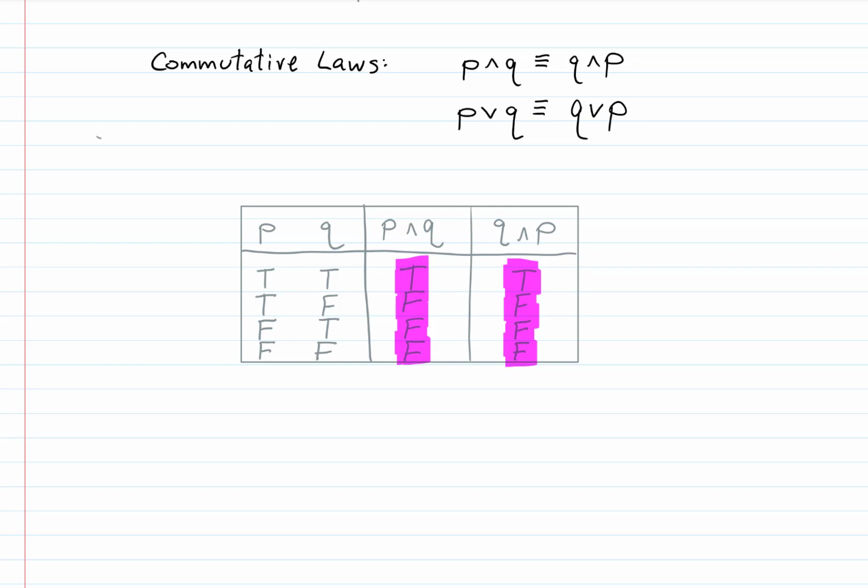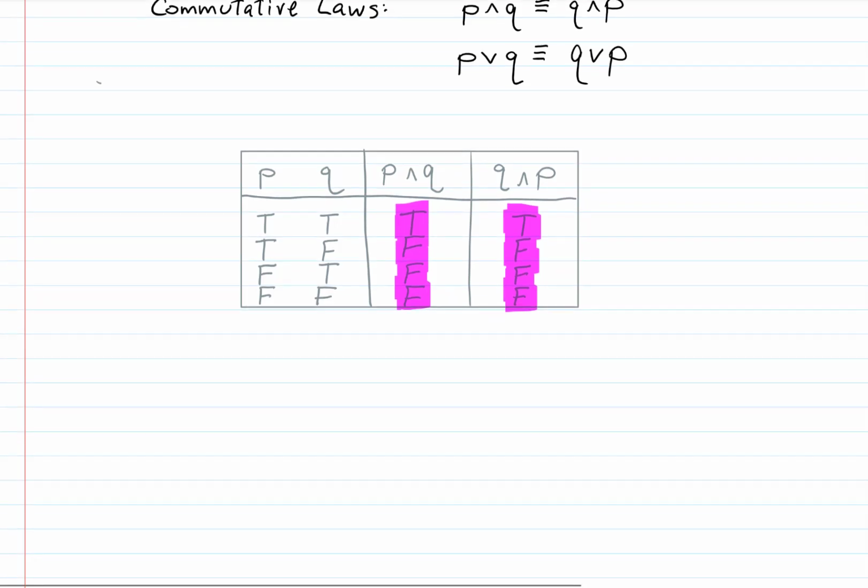Okay, next pair of laws are called the associative laws. A little bit longer here. We're going to have 3 variables.